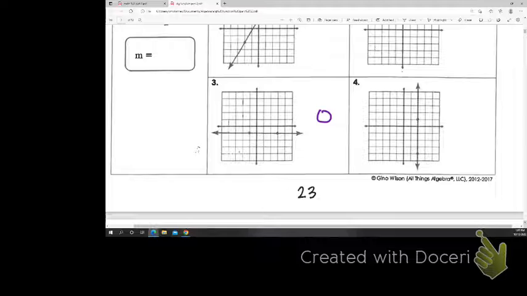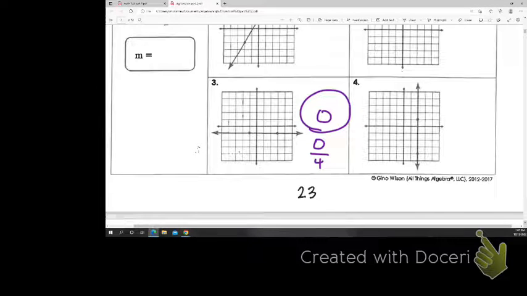And you might say, okay, what if I did? Well, how much does it go up? It goes up 0 and over 4. But 0 over 4 is 0, and we should always simplify that. Don't leave me hanging with 0 over 4. That would just be 0.